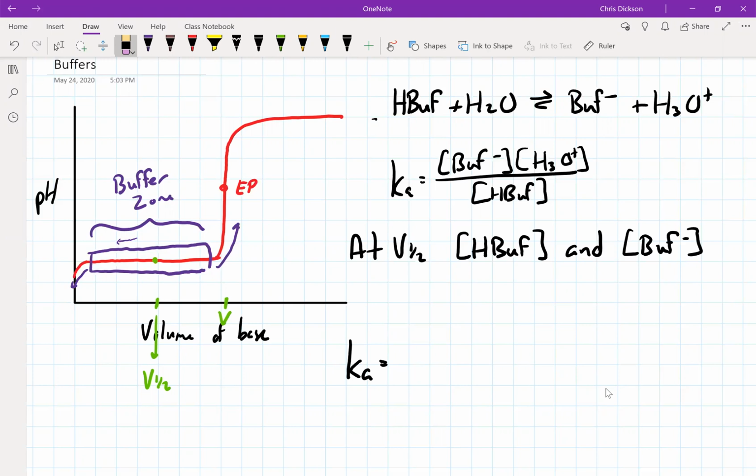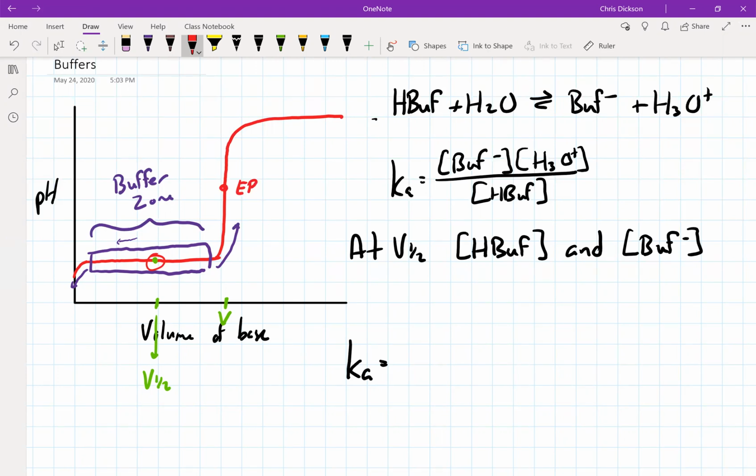So our buffer, H buff, is part acid, part base. And if we want this sweet spot right in the middle of the curve at V half, then the concentration of H buff and the concentration of buff minus should be the same.